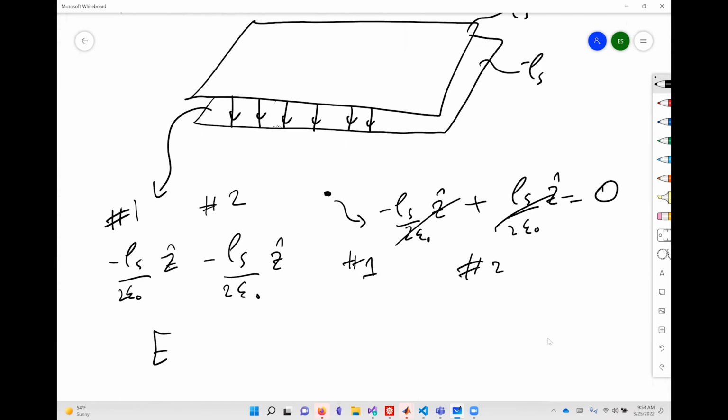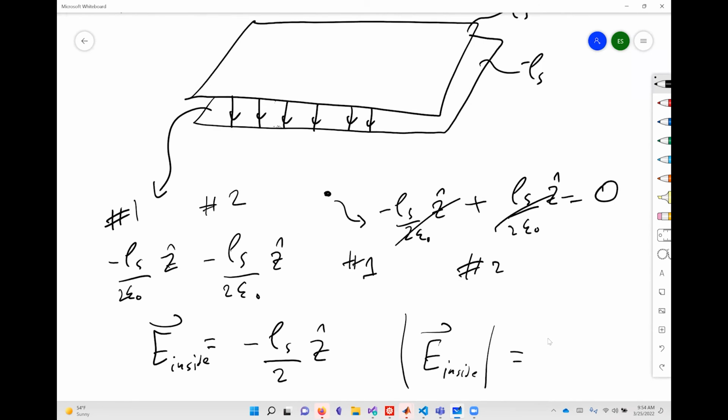So the total field inside is going to be minus 2 rho S, 2 cancels with 2, it's going to be minus rho S over epsilon Z hat. So the magnitude of the field inside is going to be rho S over epsilon. Let me write epsilon, not epsilon naught.